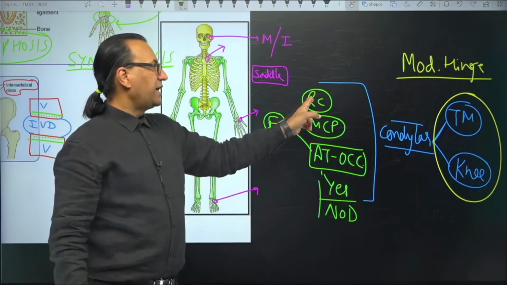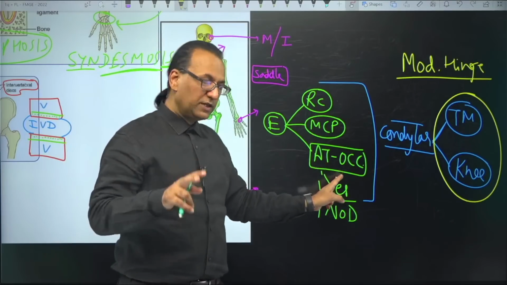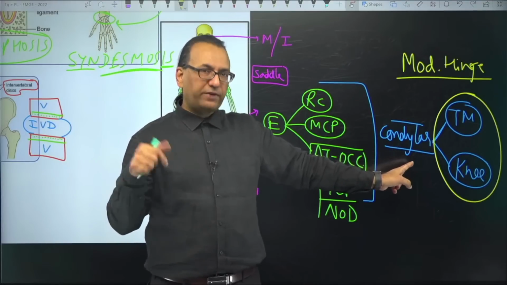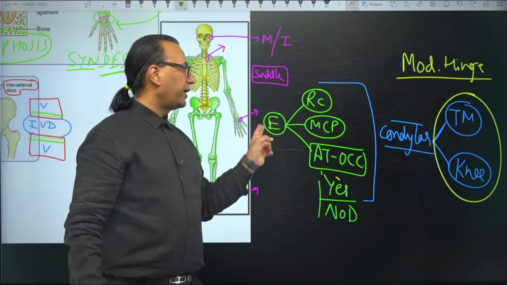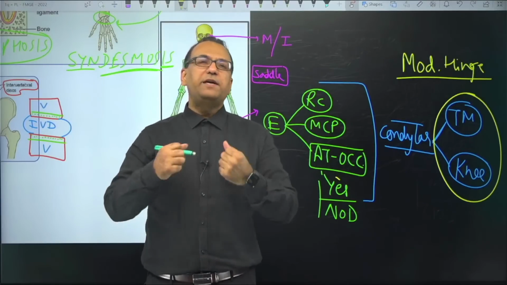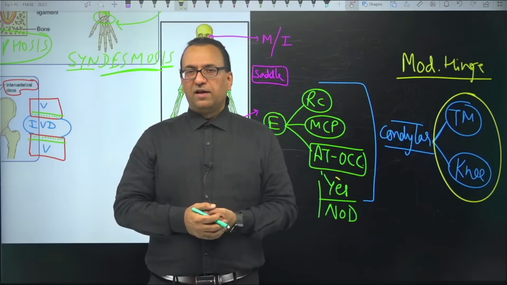Similarly, if somebody asks about the wrist joint, knuckle joint, or atlanto-occipital joint and you have both options, ellipsoid and condylar, which is the first answer? Preferably, ellipsoid is a better answer than condylar. Now you might think, what is the use of knowing all this information as an MBBS graduate? That is a good question.